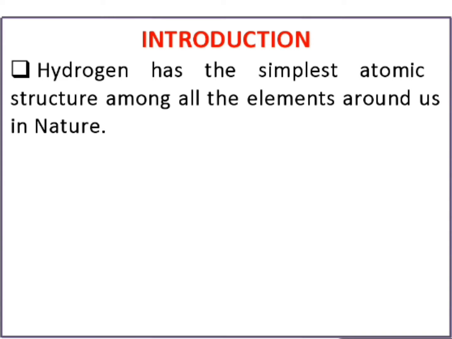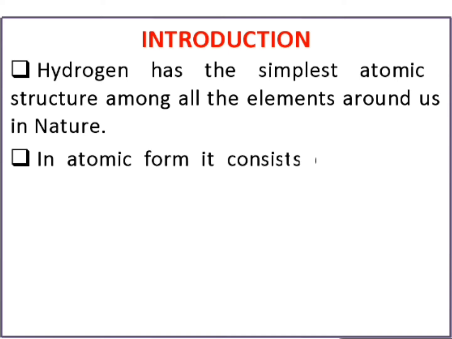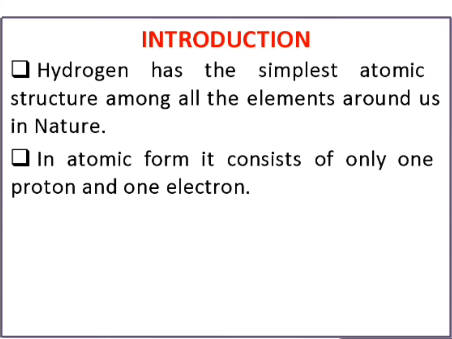The structure of the hydrogen atom is very simple, because hydrogen has only one electron in its first orbit. So that's why this is a very simple atom. In atomic form, it consists of only one proton and one electron. As you know, the atomic number of hydrogen is 1, and the mass number is also 1.